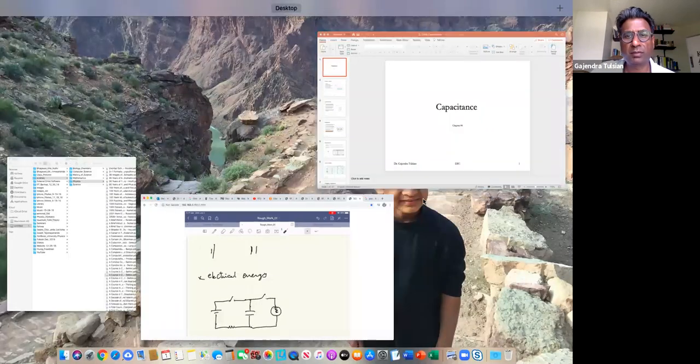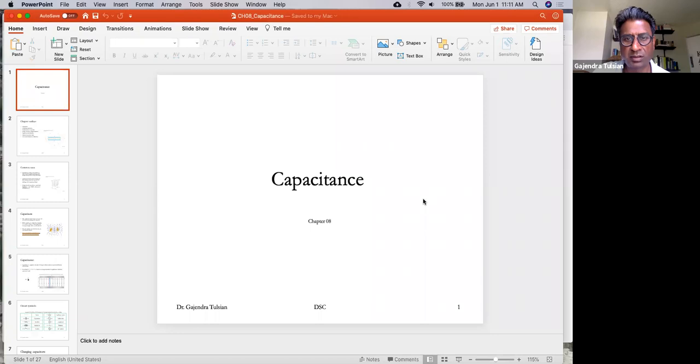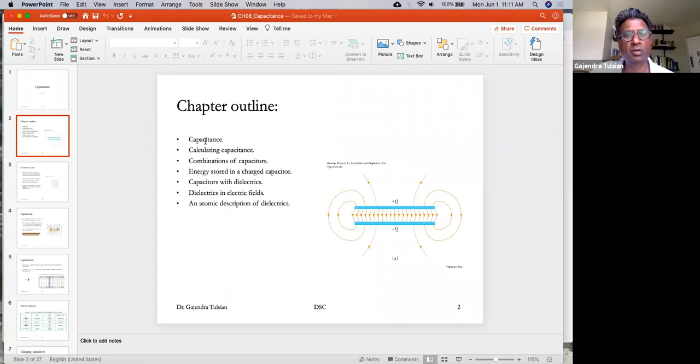All right, so now that we know what a capacitor is, let's get into the slides. So again, this chapter is about capacitance. We'll define capacitance. Capacitance can be given in terms of geometrical properties for certain geometries, and we'll do that.